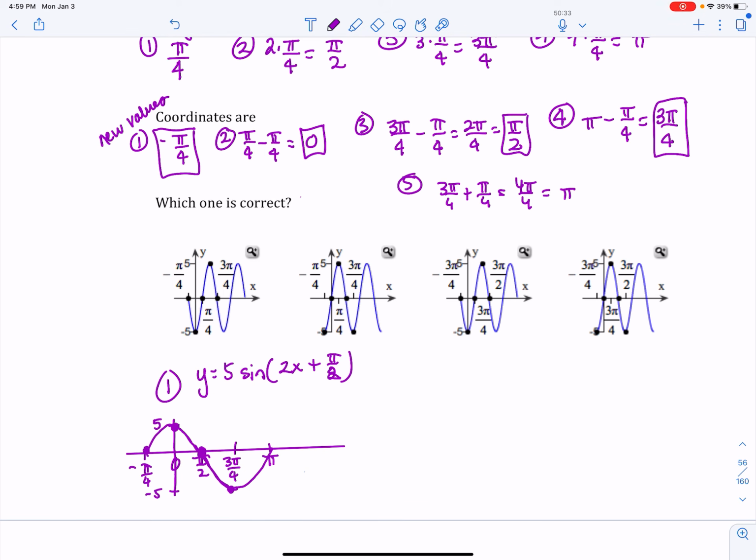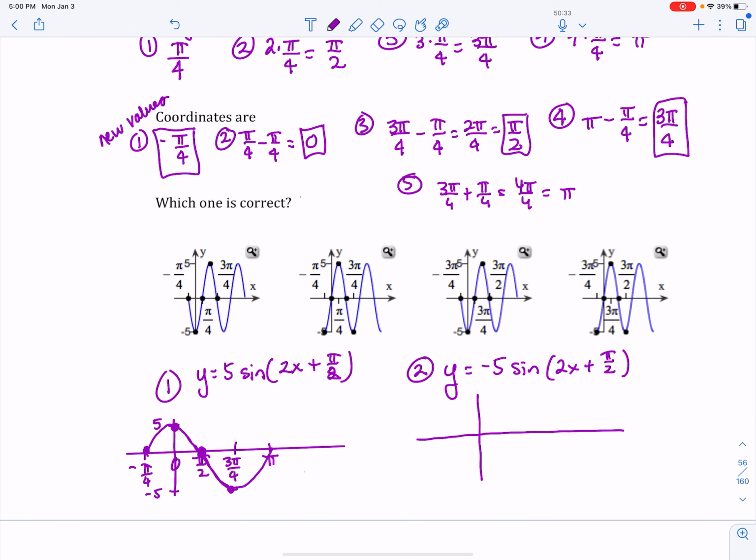Alright, so now that I have that graph, it should be pretty easy for me to graph y equals negative 5 sine of 2x plus pi over 2. All I have to do is multiply all those values that I got. And when I say multiply all the values, I mean multiply all the y values by negative 1. That'll give me my values because it's negative 5. So that means everything gets flipped over the x-axis.